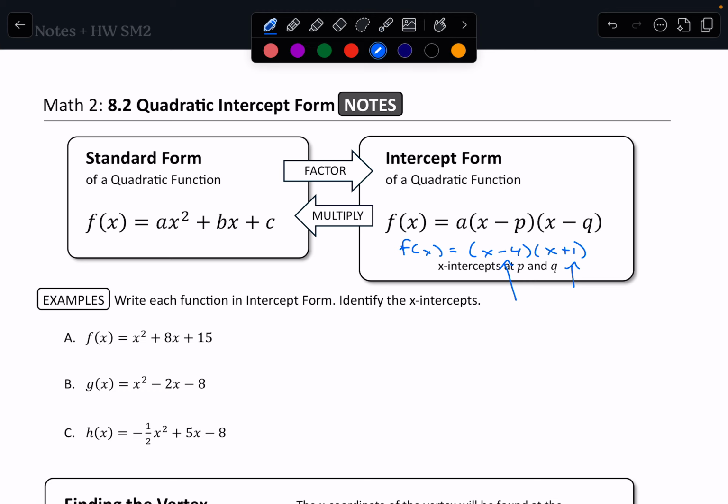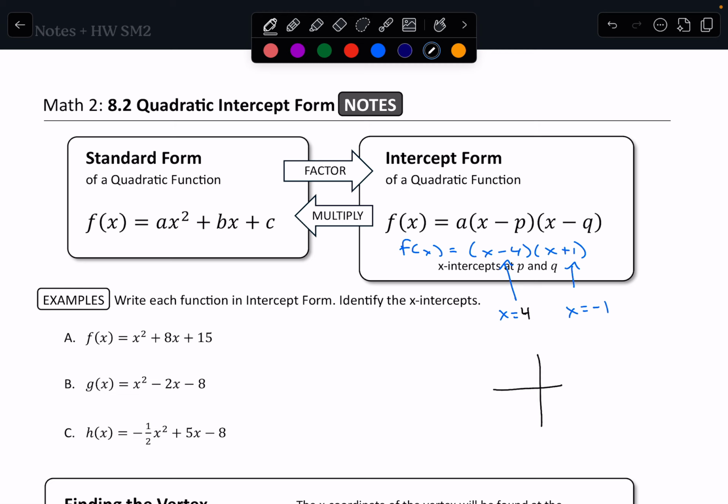The first one, x minus 4, we solve that for 0, and x plus 1 we solve for 0 to get two x values. X equals positive 4 and x equals negative 1.